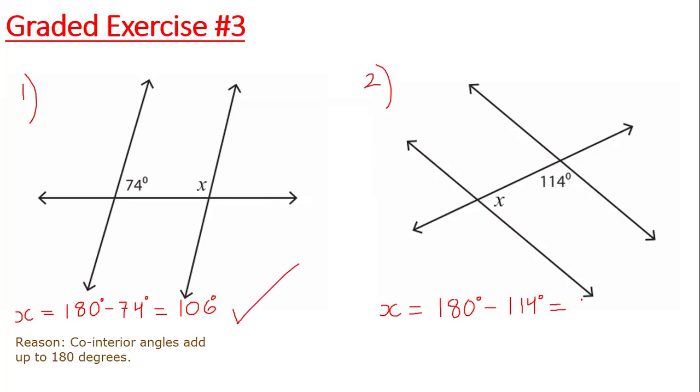So 180 degrees minus 114 is equal to 66 degrees. And what's the reason? That's because co-interior angles add up to 180 degrees. Very good. Co-interior angles add up to 180 degrees.